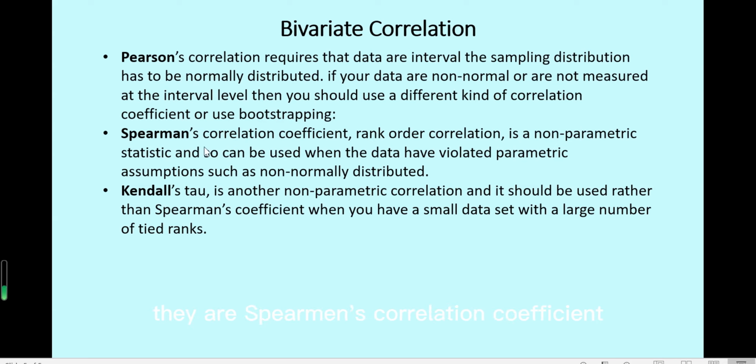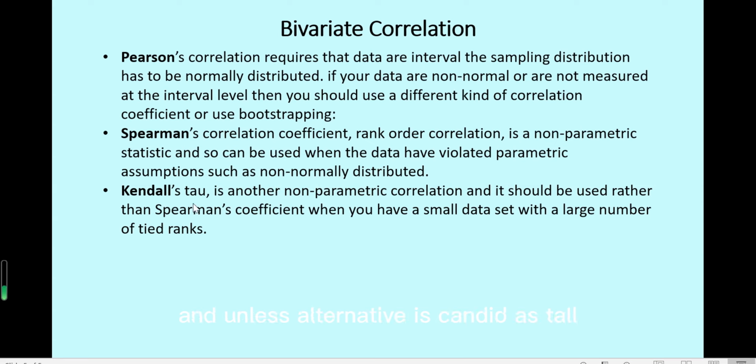They are Spearman's correlation coefficient, which uses rank order correlation, is a non-parametric statistic, and so can be used when the data have violated parametric assumptions such as being non-normally distributed.